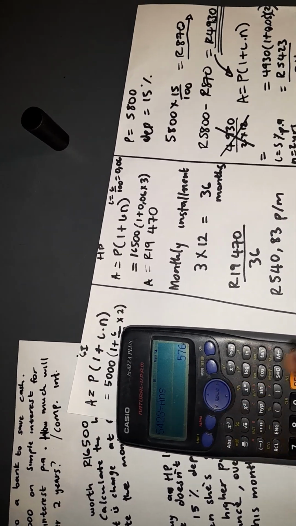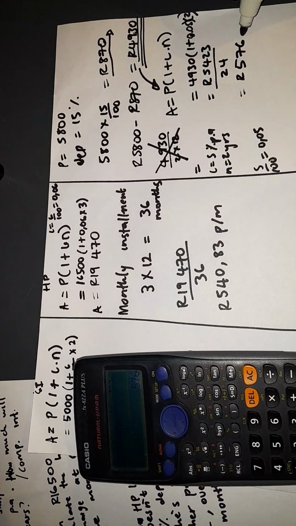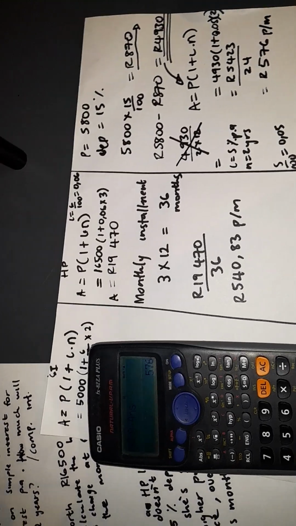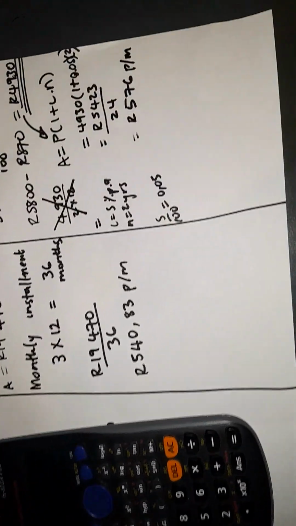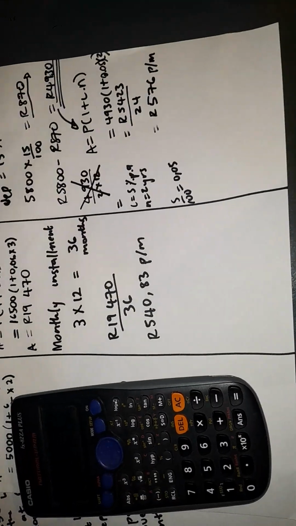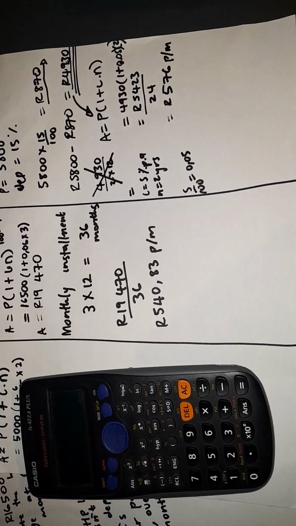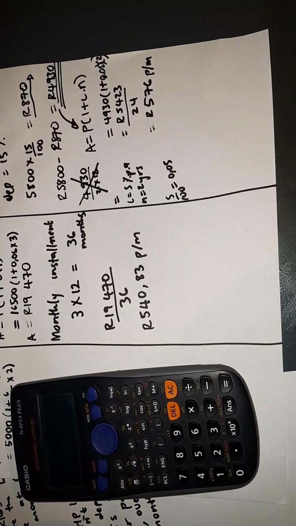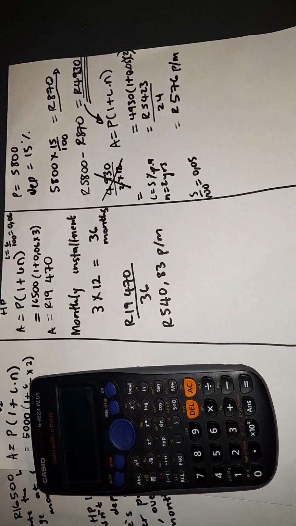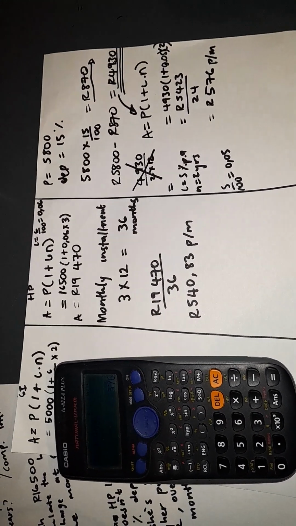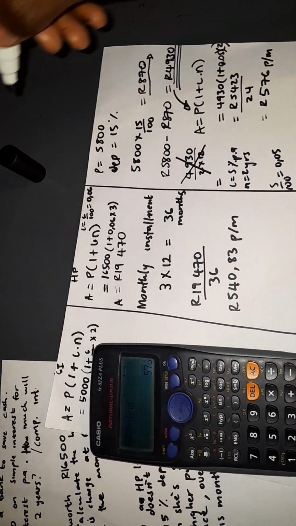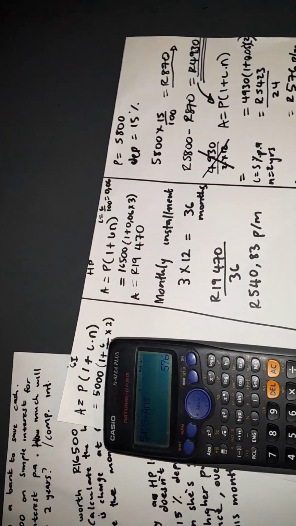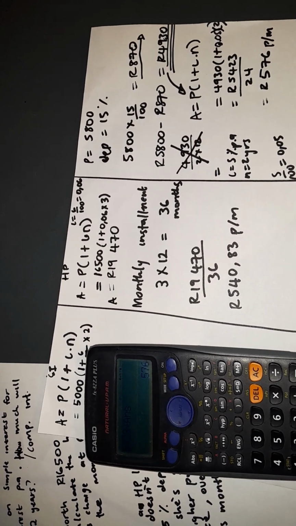So yeah, so this is the monthly installment. Our new monthly installment would be 576 rands per month. Over how many months? 24 months. So this is how you tackle such kind of questions on hire purchase and simple interest, compound interest.